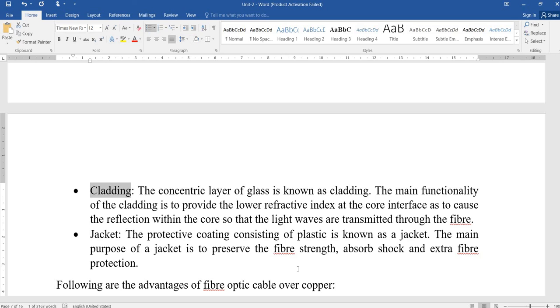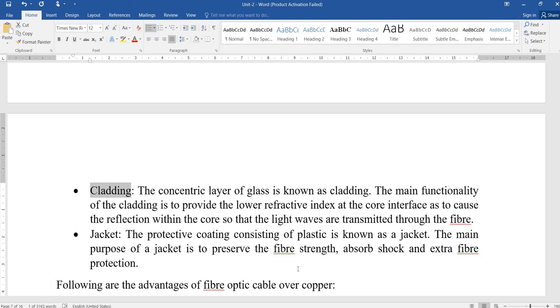Okay, jacket. To protect this fiber optic, we need a jacket. The main purpose of this jacket is to preserve the fiber strength, absorb shock, and give extra fiber protection. The fiber core is very small, thinner than a single hair.